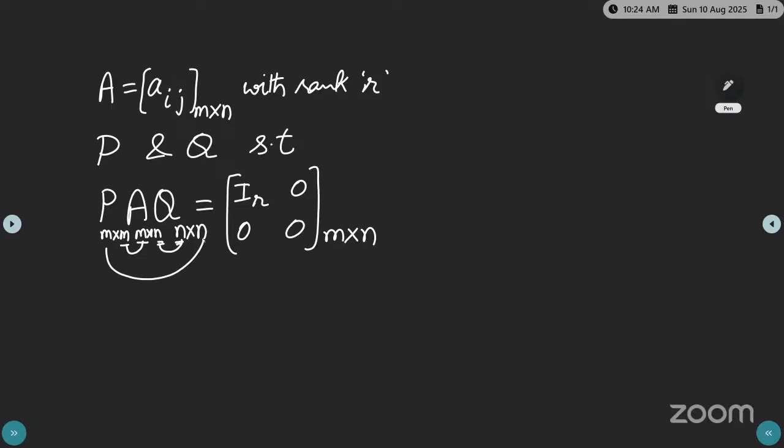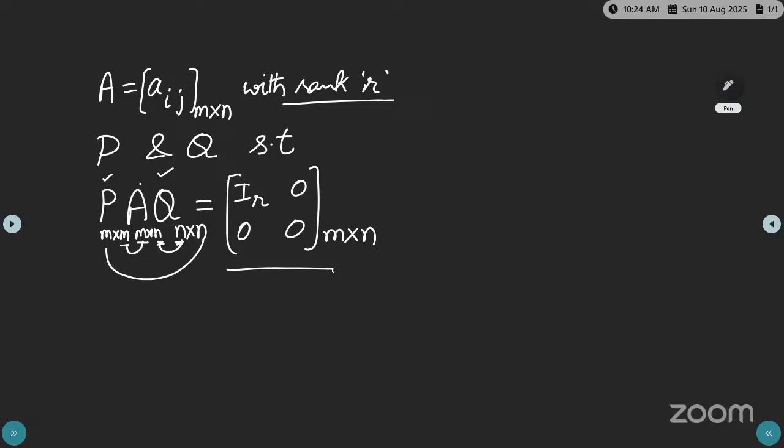Now A is any matrix of rank r. There exist two square matrices P and Q. P and Q both must be square, but they are of different orders. P is of order m by m, Q is of order n by n. So finally, the normal form will be m by n only.